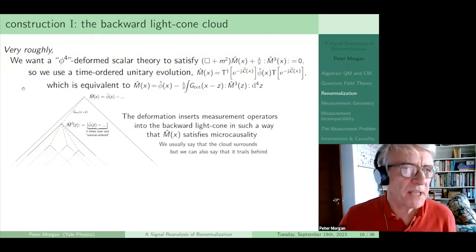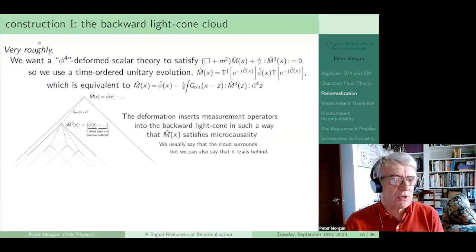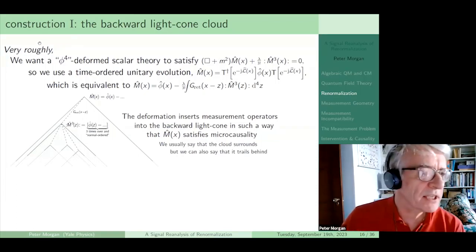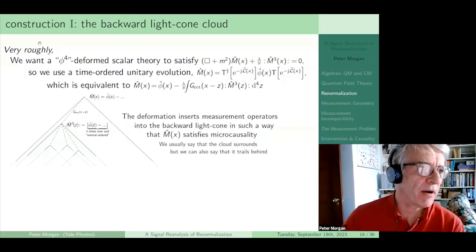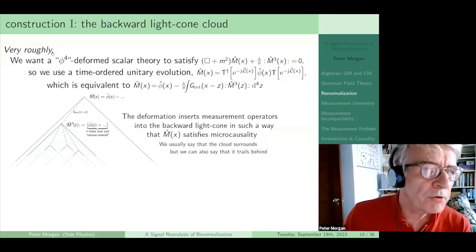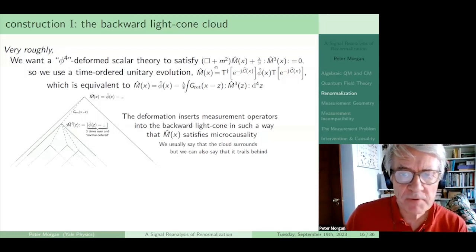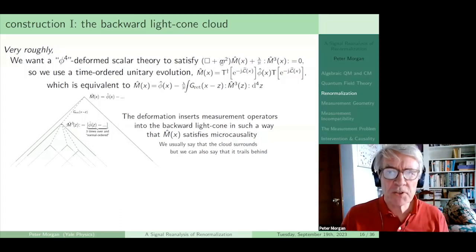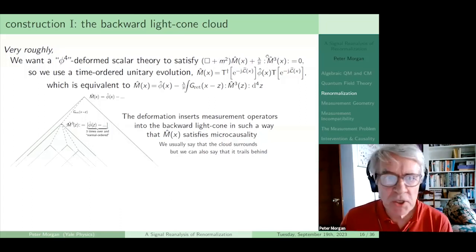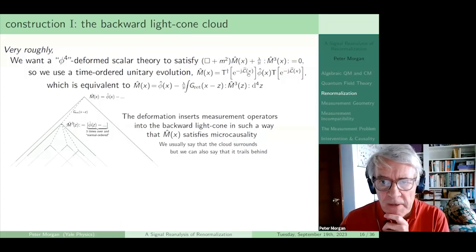So what I'm going to present to you now are 3 slides of 3 quite different constructions, none of which I want you to take seriously, but just to indicate the kinds of variety that are possible. If we were doing an ordinary construction in quantum field theory of a 5-fold deformed scalar theory to satisfy the Klein-Gordon differential operator together with deformation, then we would use a time-ordered unitary evolution in which we put in the right Lagrangian structure here.